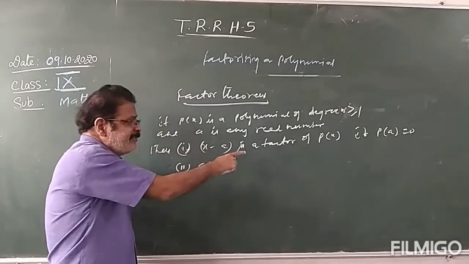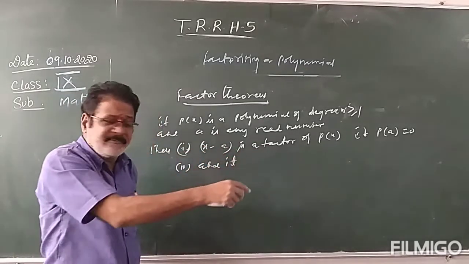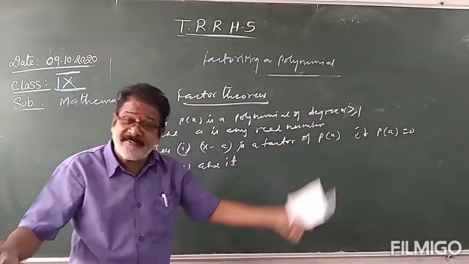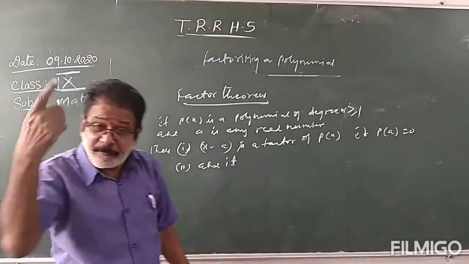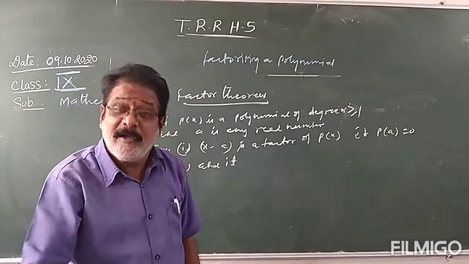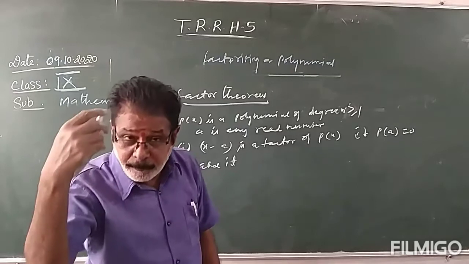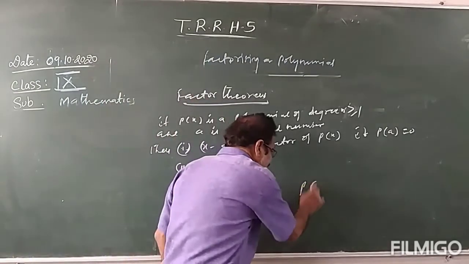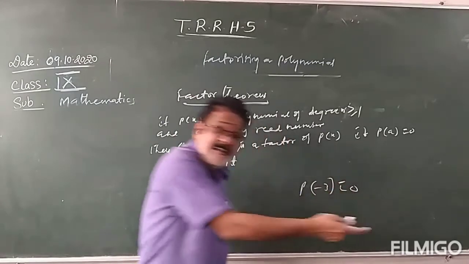Then x minus a is a factor of P of x when the remainder is 0, that is, when P of a is 0. If P of 2 is 0, x minus 2 is a factor. If P of 3 is 0, x minus 3 is a factor. If P of minus 3 equals 0, x plus 3 is a factor.